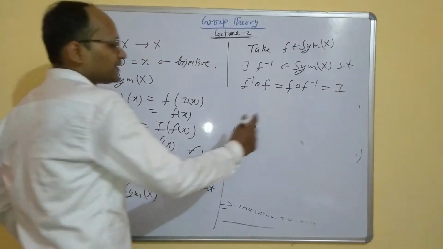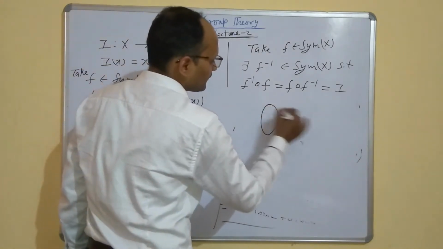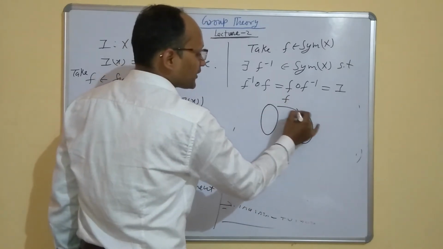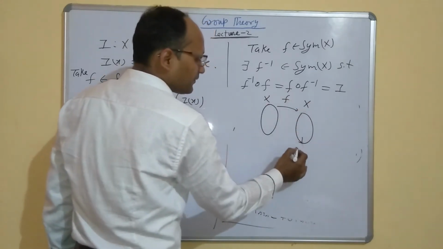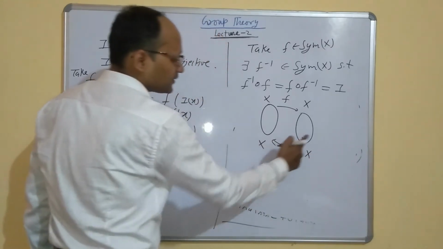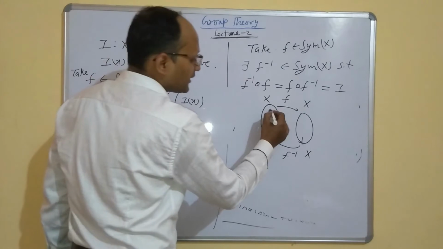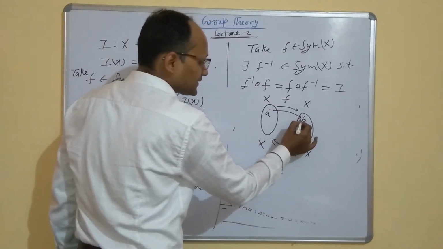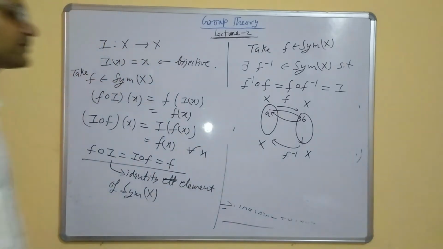Okay, so what is actually f inverse? If f is a map from x to x, then f inverse is a map from x to x, and if a is going to b, then f inverse is sending b to a. This is f inverse.